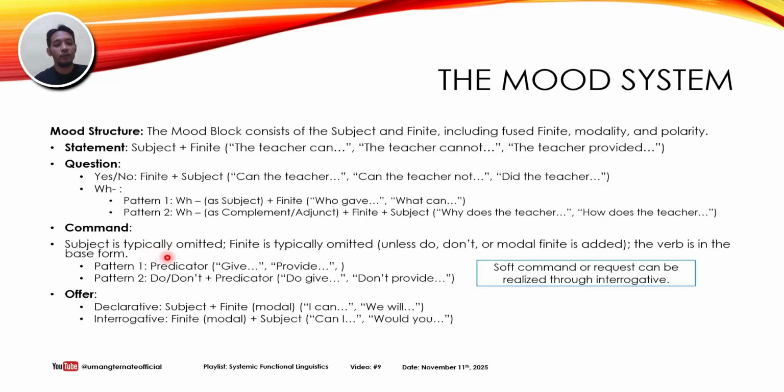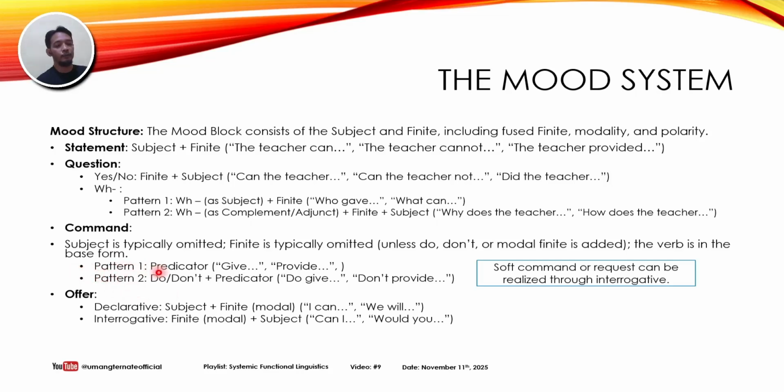Also, the finite is typically omitted unless verbs like do, don't, or a modal finite are added into the clause; then they are not omitted. Also, the verb is in the base form. There are two patterns here, as you can see.